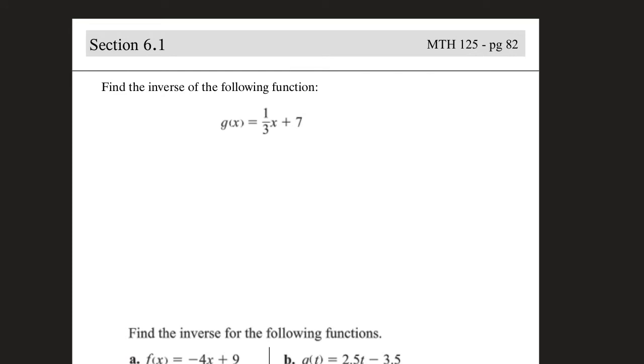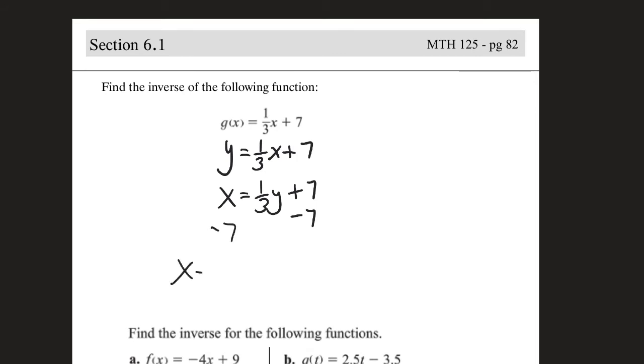So it's your choice. I'm going to go ahead and do what I did last time with replacing g of x with the letter y, interchanging the x and y, and then taking all the steps necessary to isolate my y. x minus 7 equals 1/3 y.